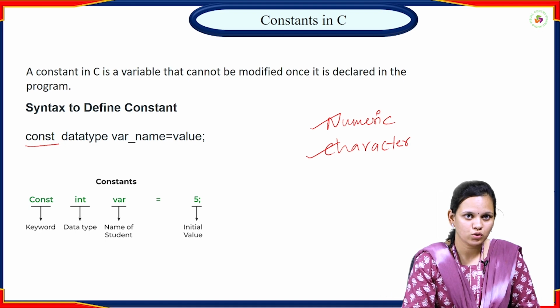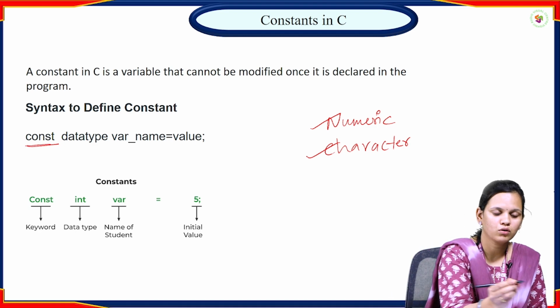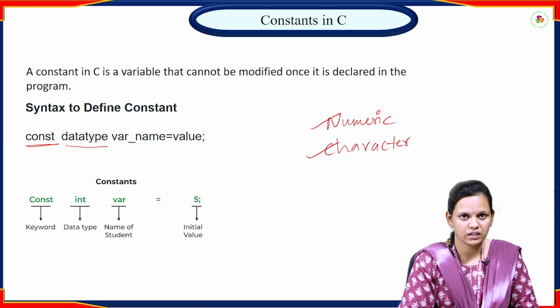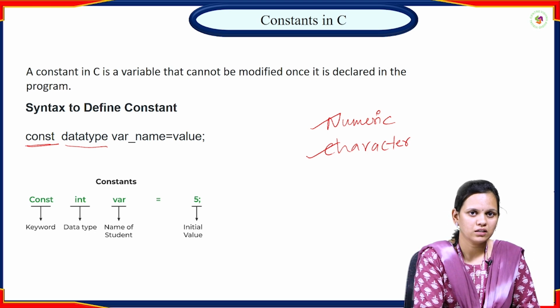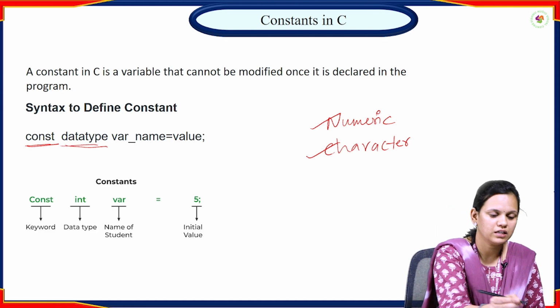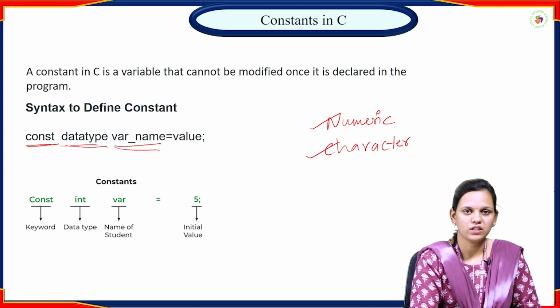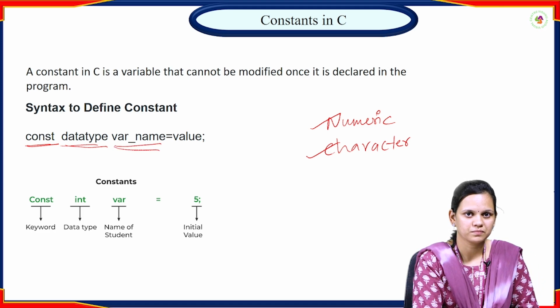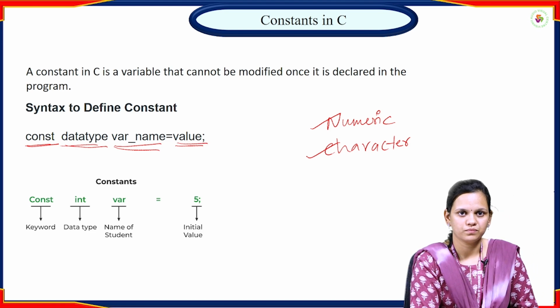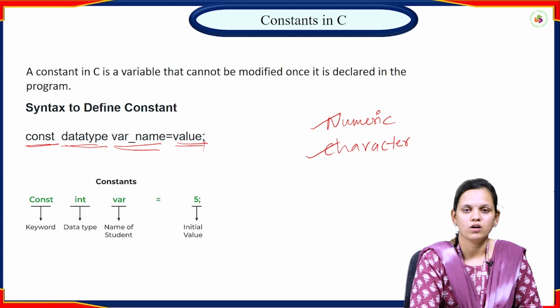In the list of 32 keywords, we have seen the keyword const. Then you have to write what type of data the constant is, whether it is integer, float or character. Here you have to give the name of the constant, that is the variable, and here you have to give the value and end it with a semicolon.